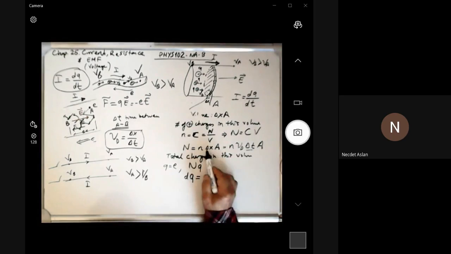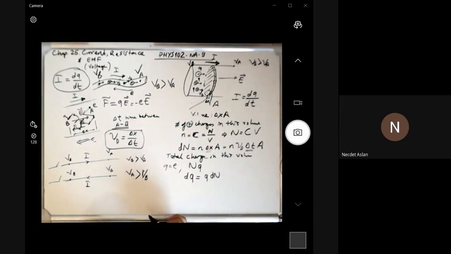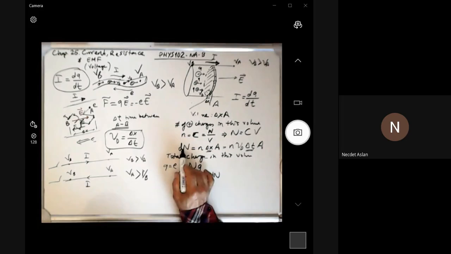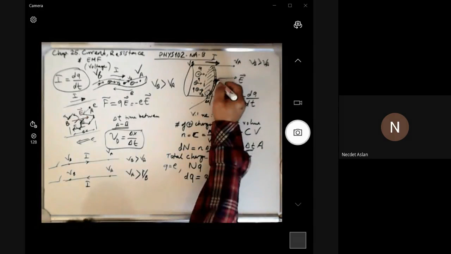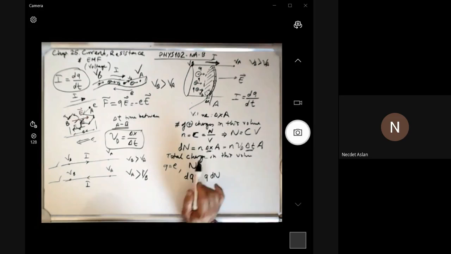As soon as we have delta x or delta t on the right hand side, we have to write this as dn, because this is just a little bit of time, this is just a little bit of distance, and the left hand side is just a little bit of charge inside this volume. So this expression is correct. That's why we multiply the charge by dn to get dq.